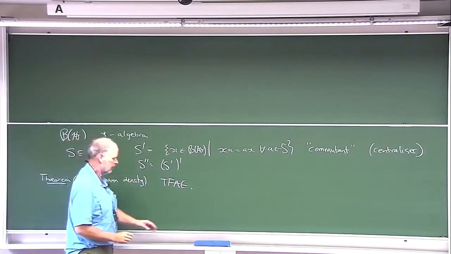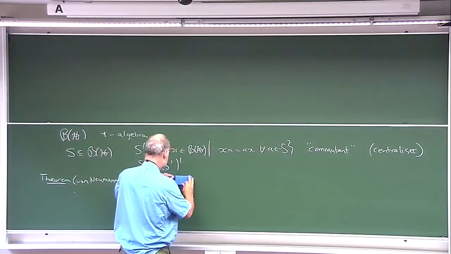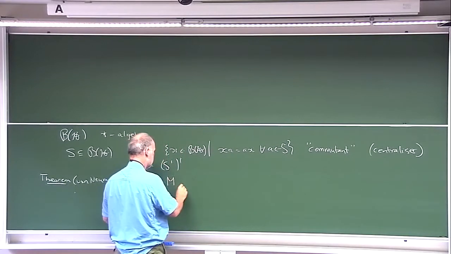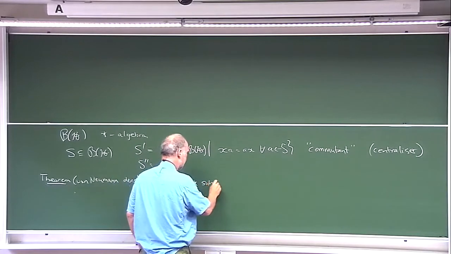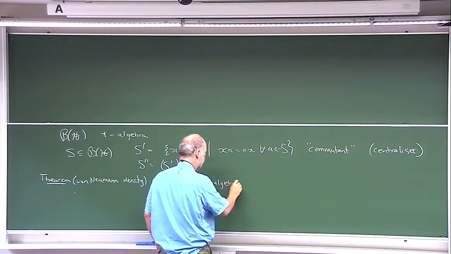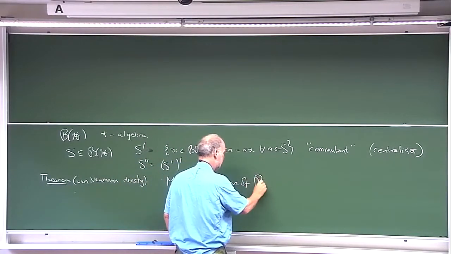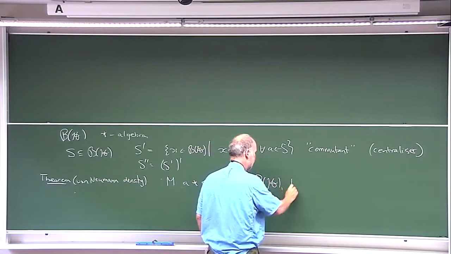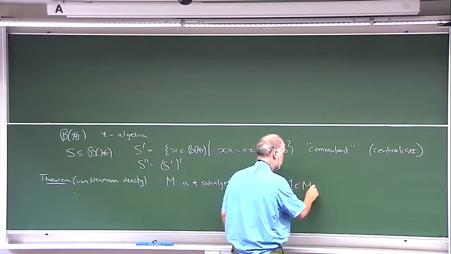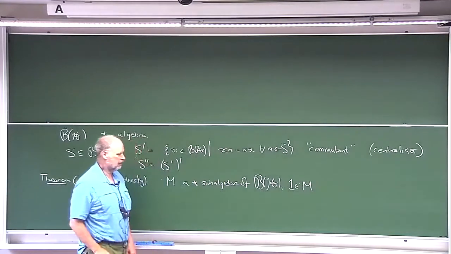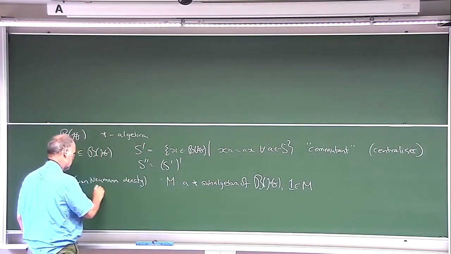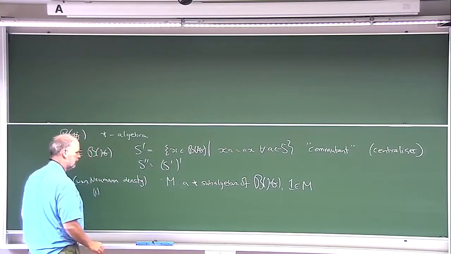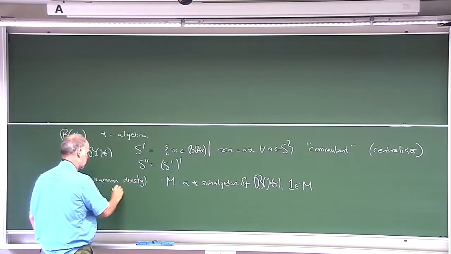We have to have some data: M, a star subalgebra of B(H) containing the identity. Then the following are equivalent. The first one is that M is strongly closed.